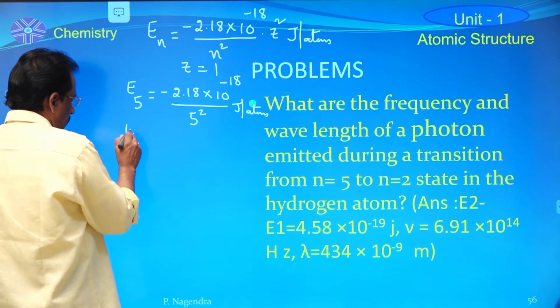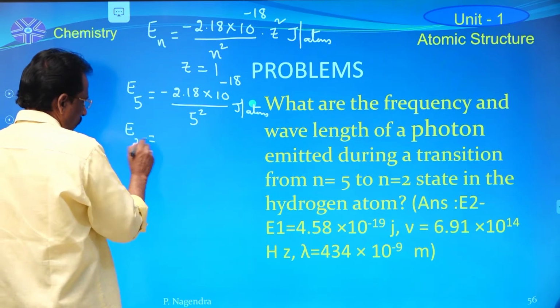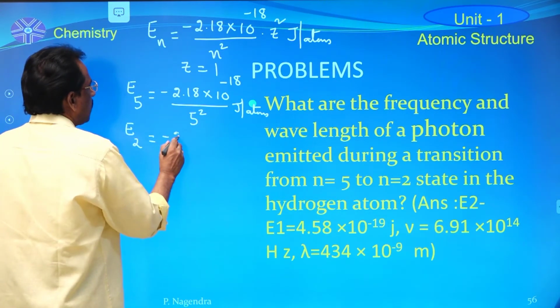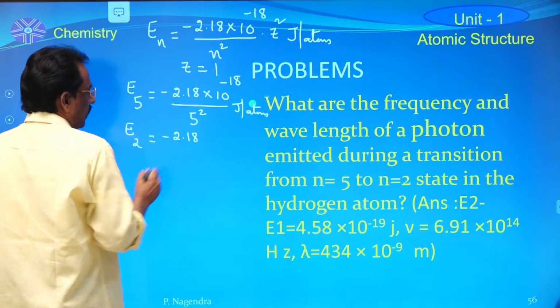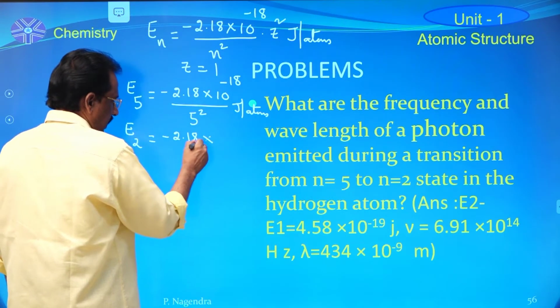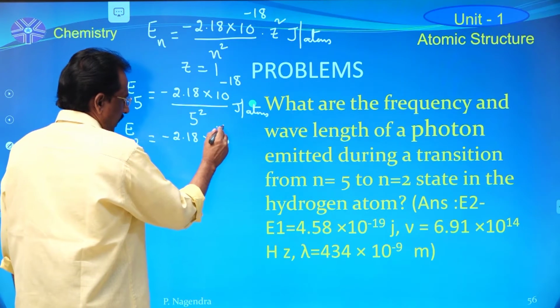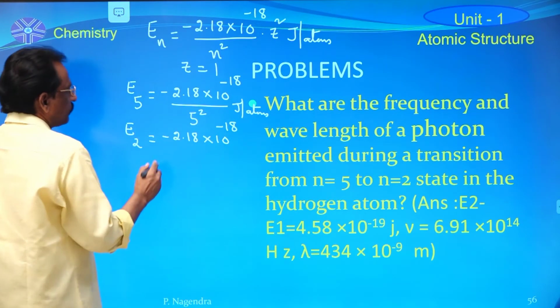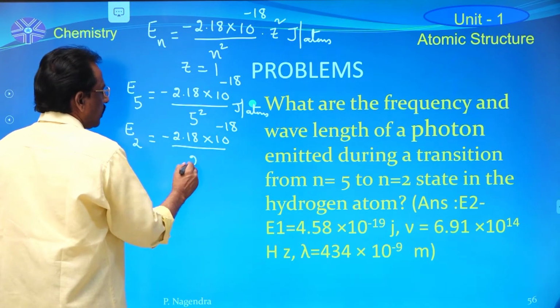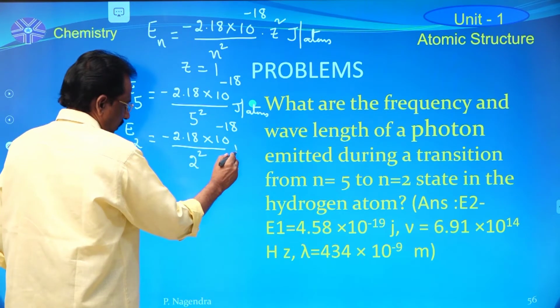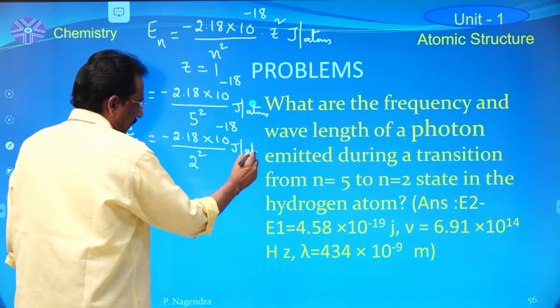And E2 is equal to minus 2.18 into 10 power minus 18 divided by 2 square joule per atom.